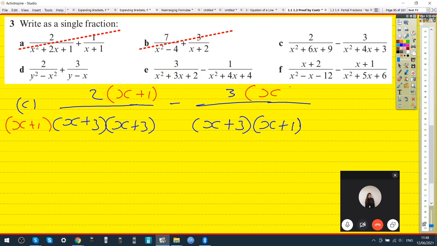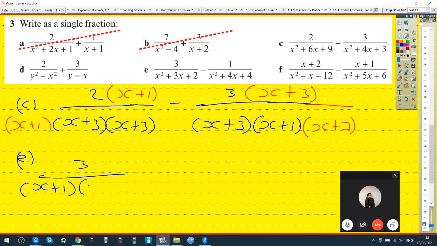And then you just bring them together. Oh, that's a strange one. What is E? So I think that's 3 over x plus 1, x plus 2. That's minus 1 over x plus 2, x plus 2.